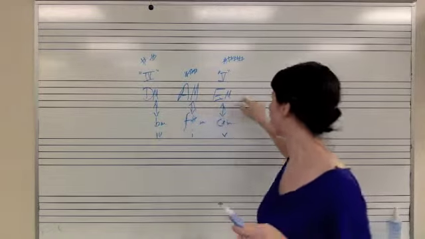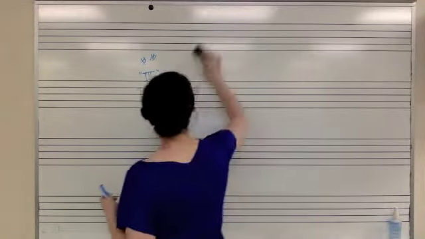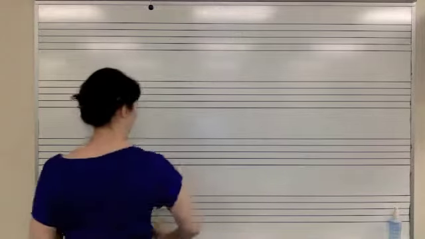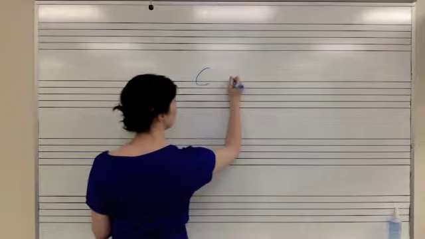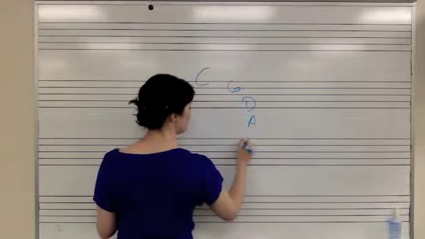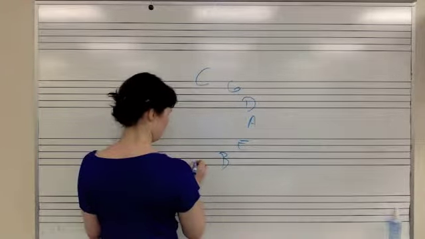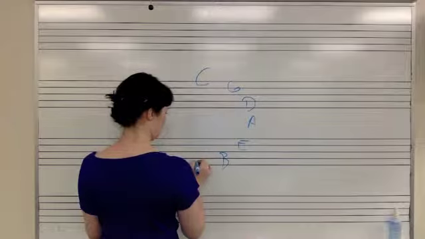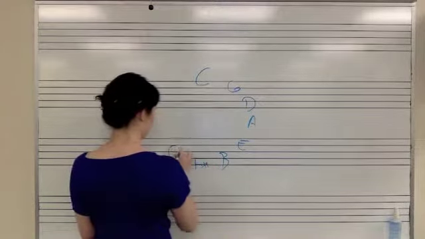So if we're jumping around the circle of fifths, all right, we've got our circle of fifths: C, G, D, A, E, B, F sharp, and C sharp.